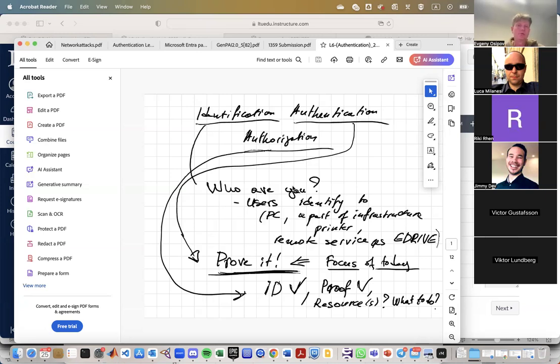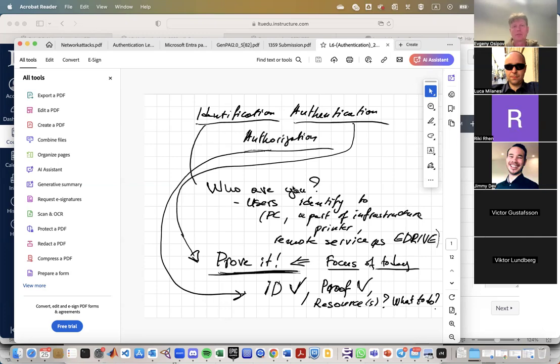The whole purpose of the network is to give users the possibility of remote access to the information, and this information resides in different kinds of digital systems, and you need to identify yourself to a system.